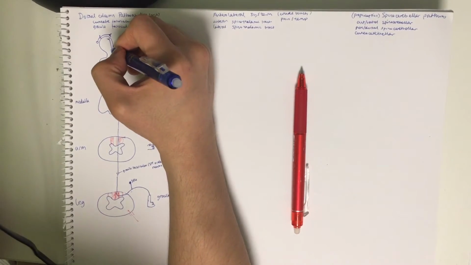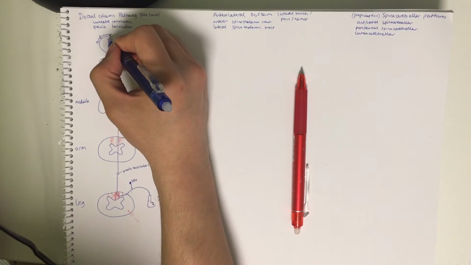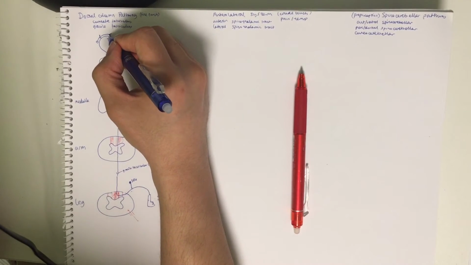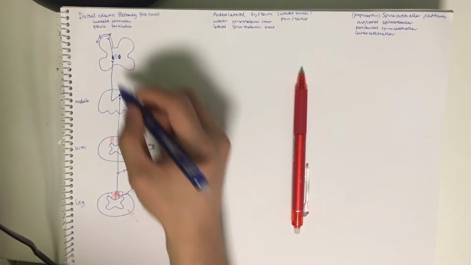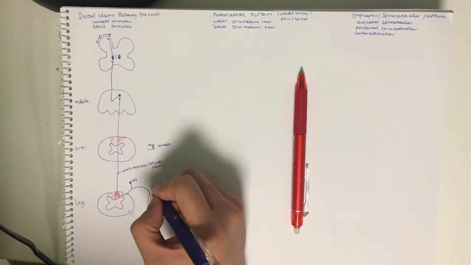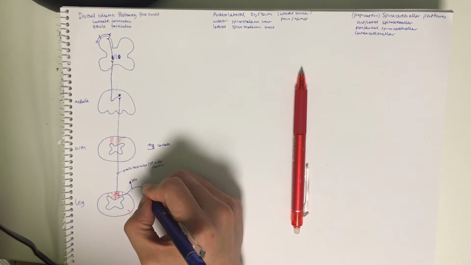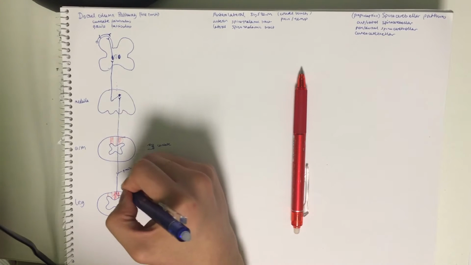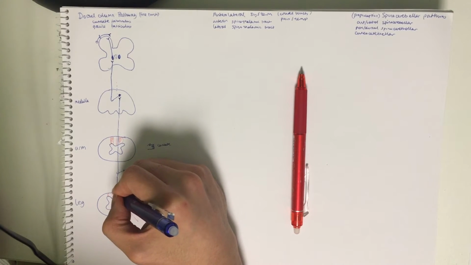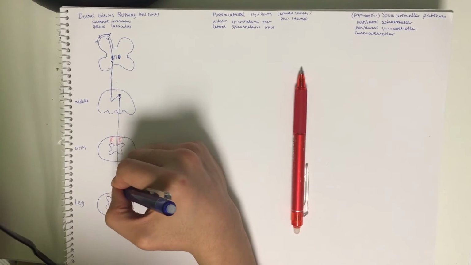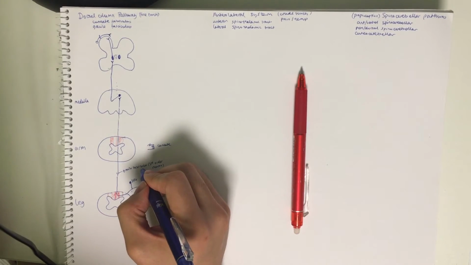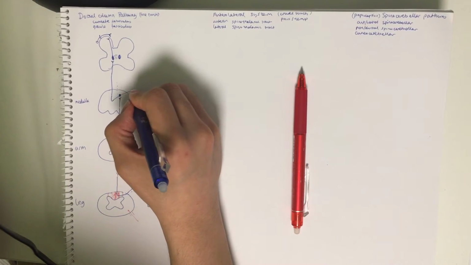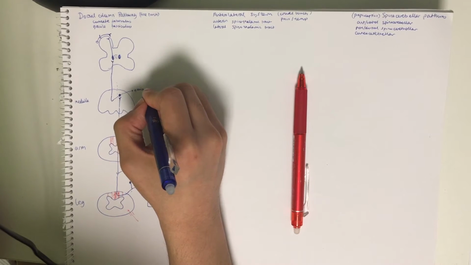Because it's the feet, I have to send these fibers to the medial side. So let's name these parts. It's entering through the dorsal root, and then it enters this dorsal column pathway. It ascends up as the gracile fasciculus. It synapses at the gracile nucleus.